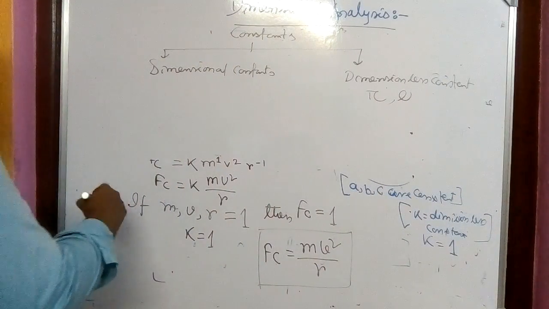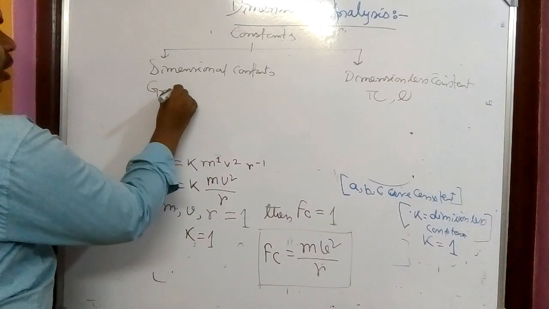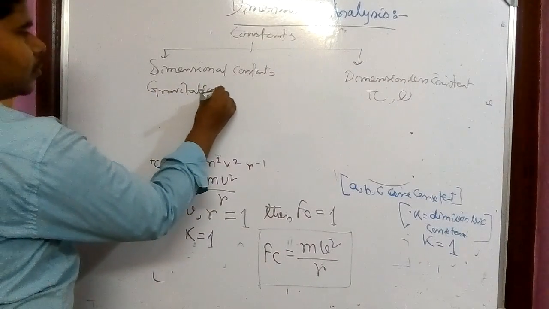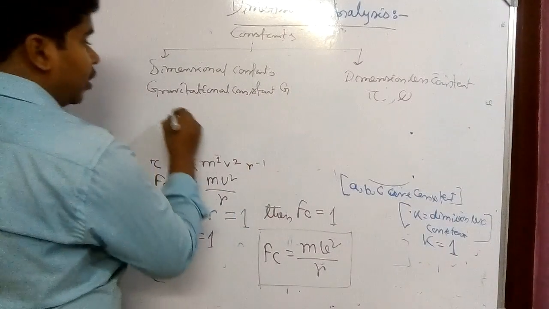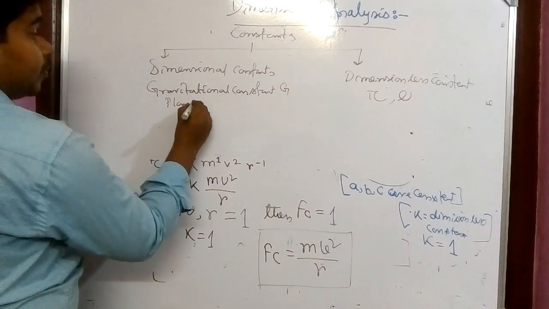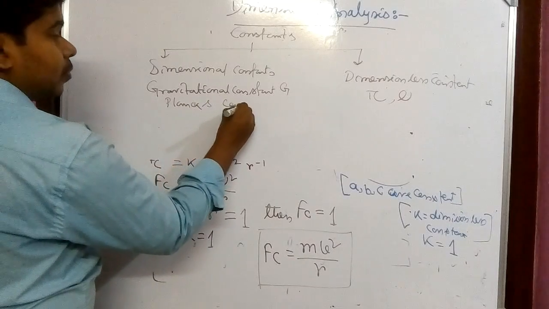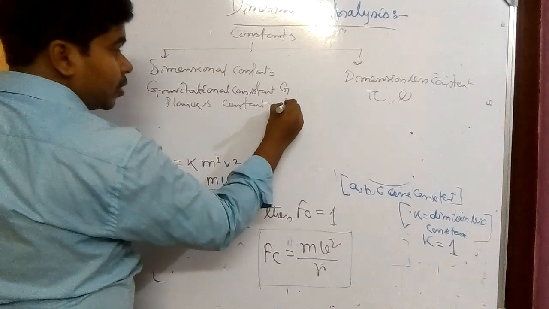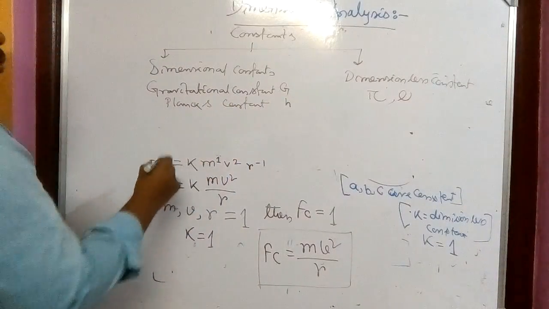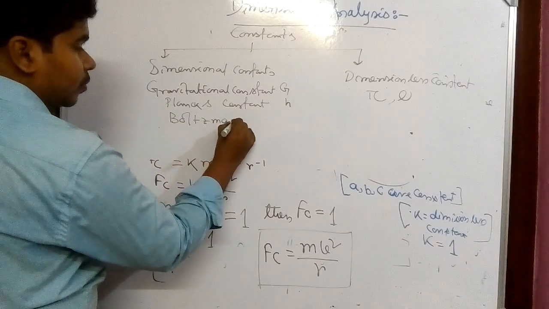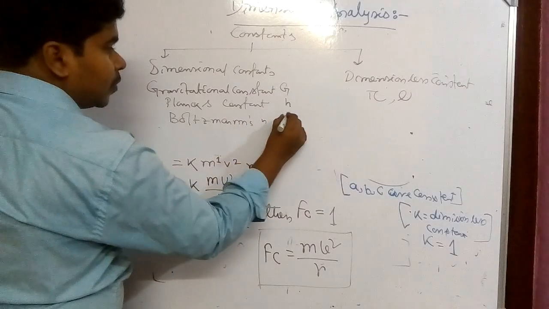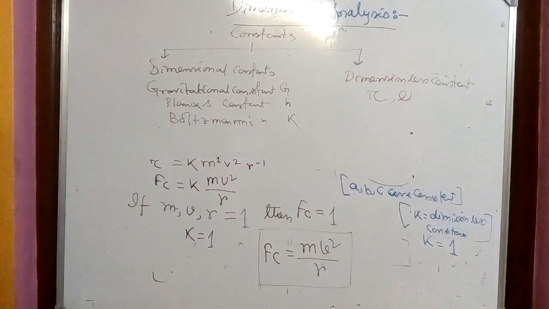But on the opposite side, if I'm talking about the gravitational constant, capital G, Planck's constant, that you will come to learn in class 12, Boltzmann constant, all these are constants and their dimensions also we can find out.